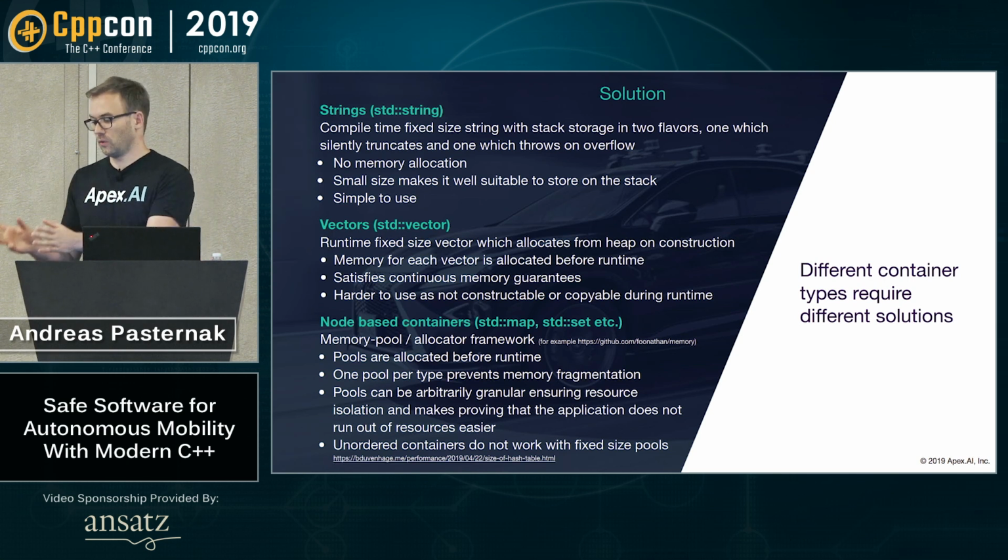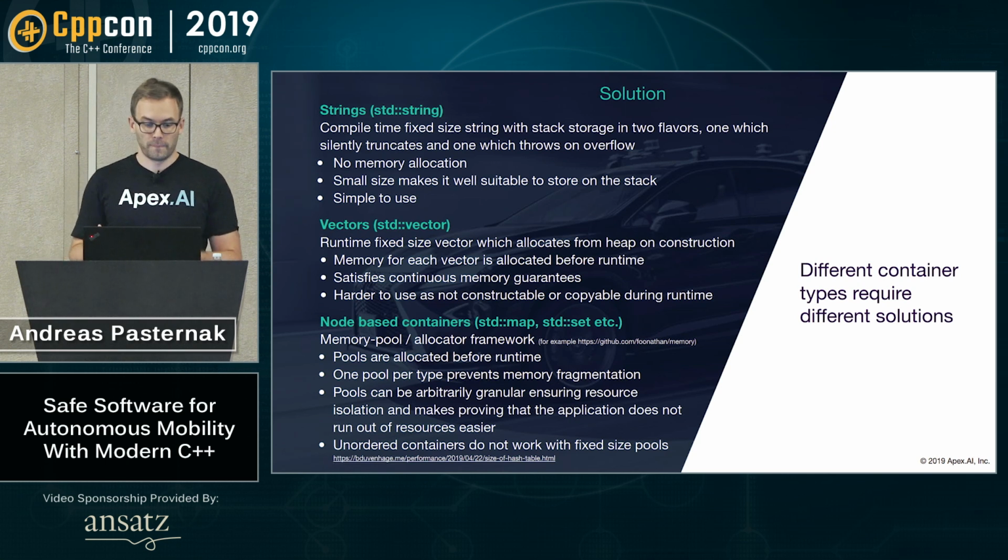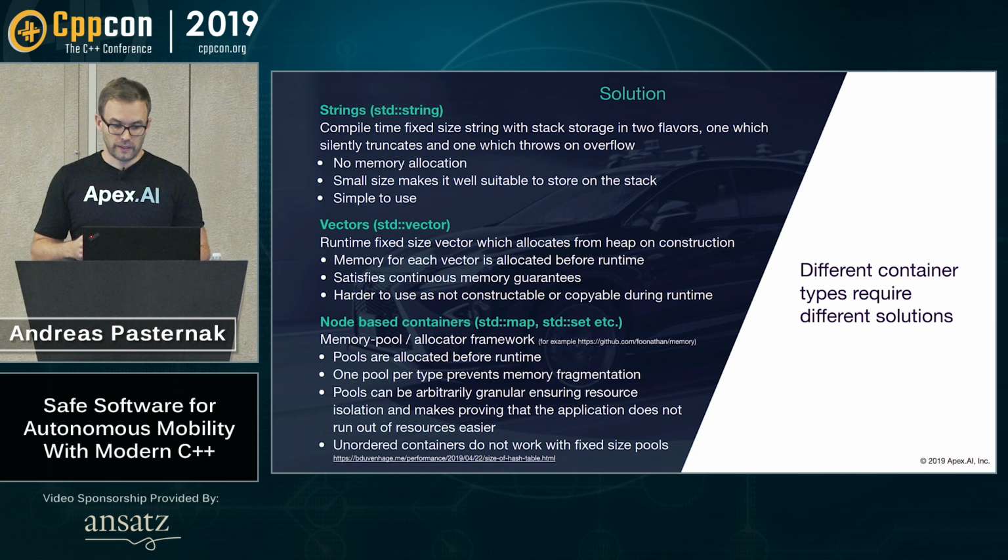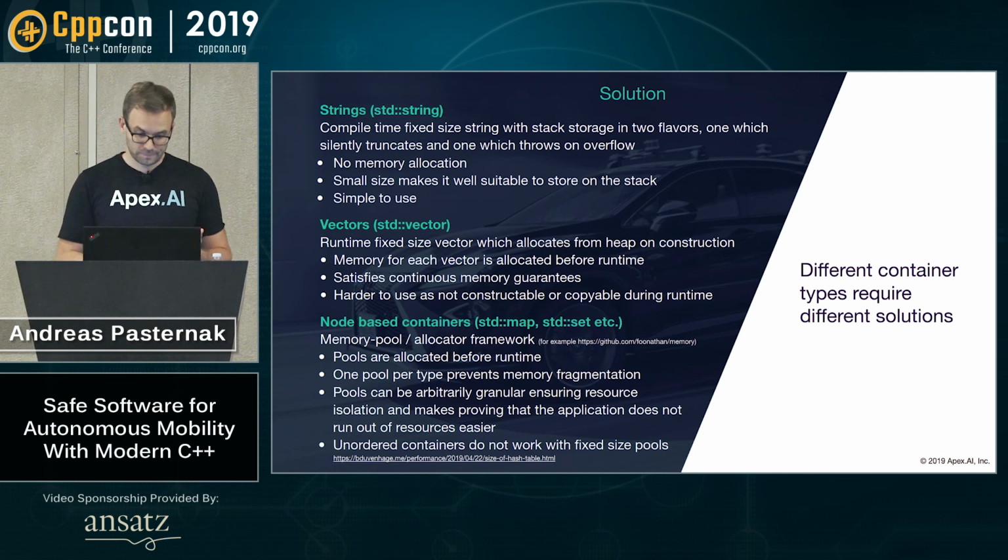Because we're always taking equally sized chunks out of the memory pool and putting equally sized chunks back, we never run into memory fragmentation. And because you have pools and you can work with them arbitrarily granularly, you can really ensure that you have proper resource isolation to really prove that your system is safe.